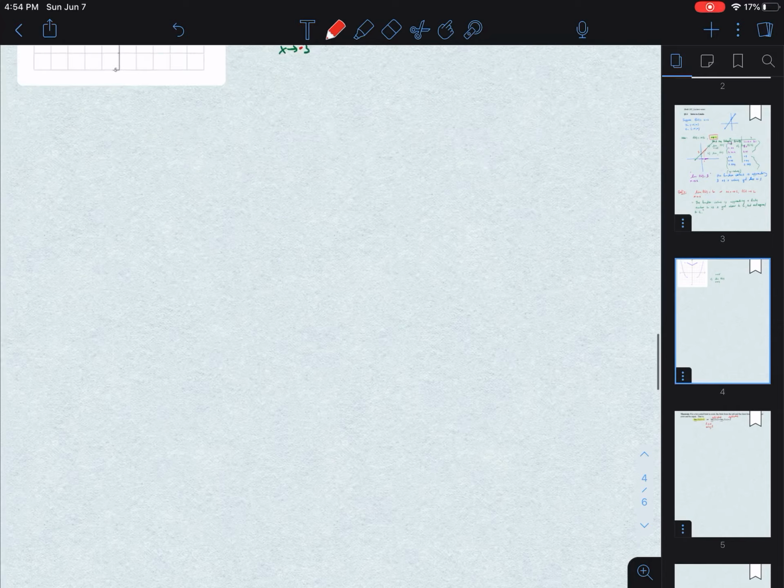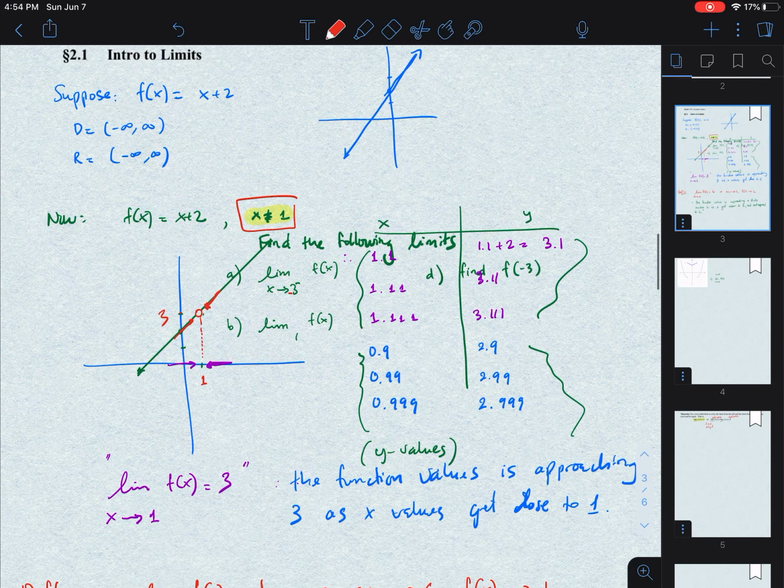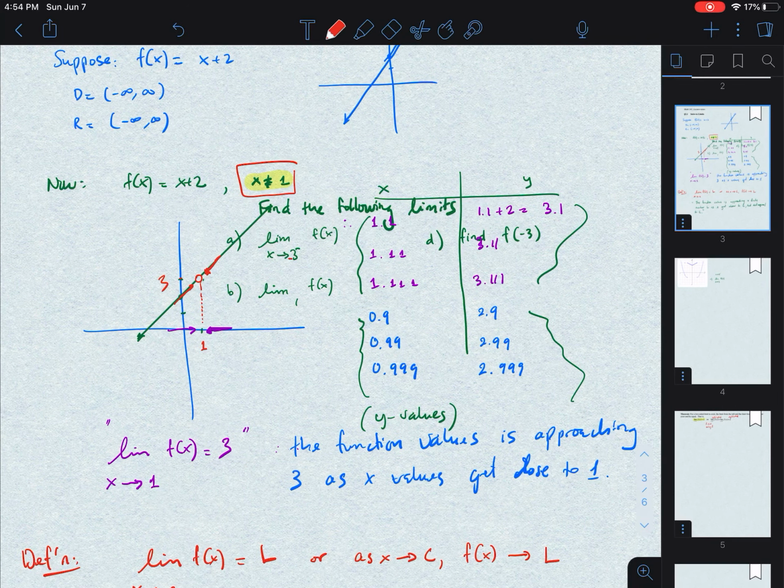If we go back to our example, where the left and right side y values are not approaching the same number, the limit doesn't exist at all.